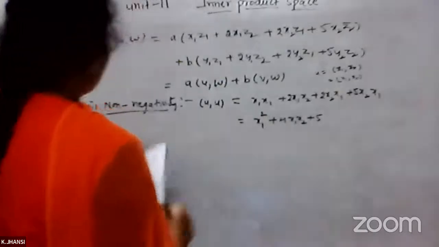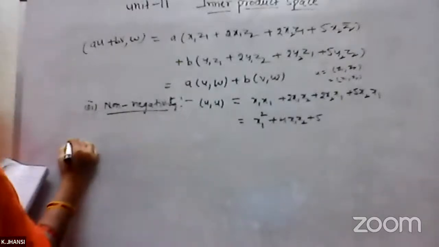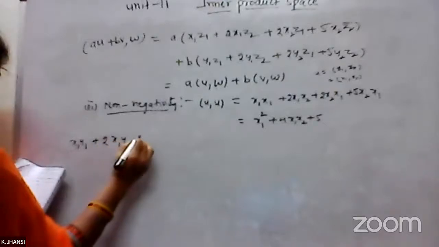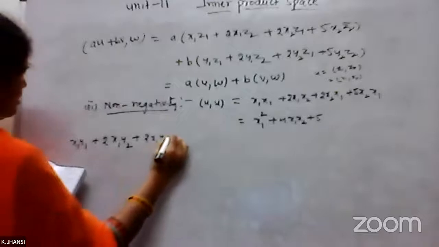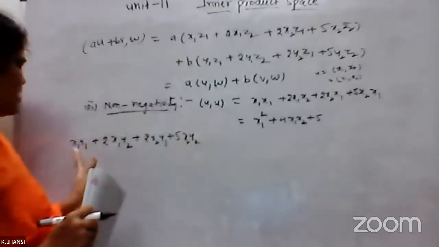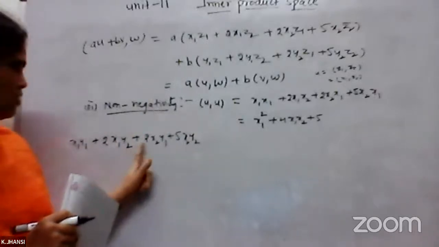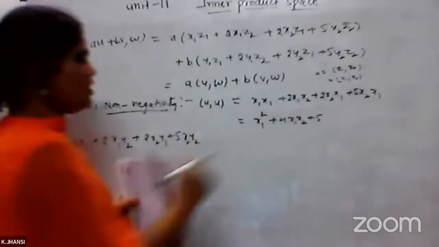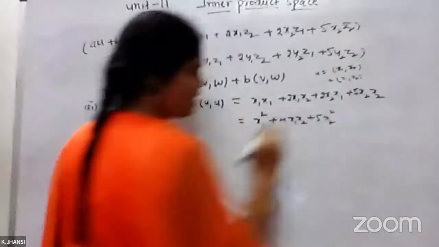What is the relation here? The given relation is x1 y1 plus 2 x1 y2 plus 2 x2 y1 plus 5 x2 y2. So this is x1 square, next 2 into x2 x1, and here x2 and y2 is x2, so you will get x2 square.